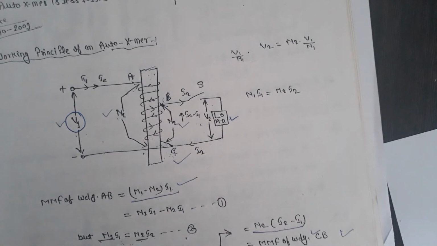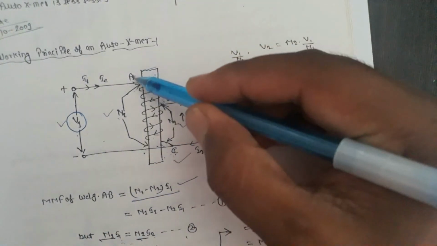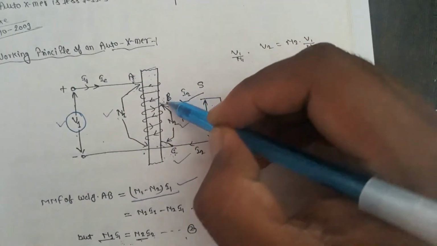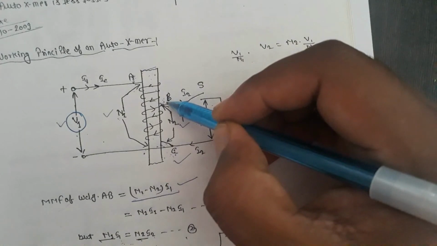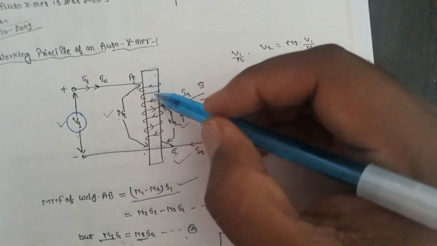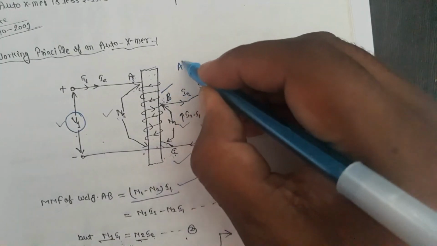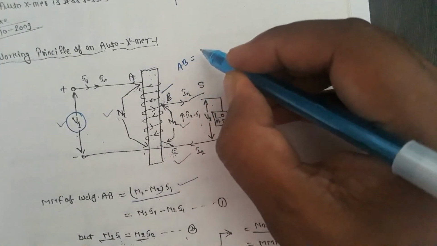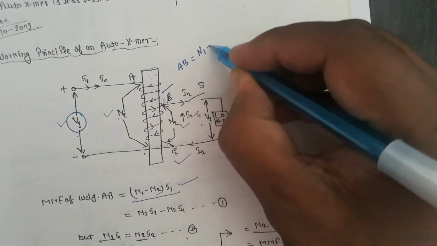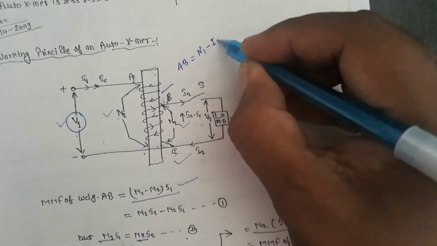Now we will discuss the MMF of the winding AB. This is the point A, this is the point B. If we are talking about MMF, the number of turns between AB is equal to N1 minus N2.